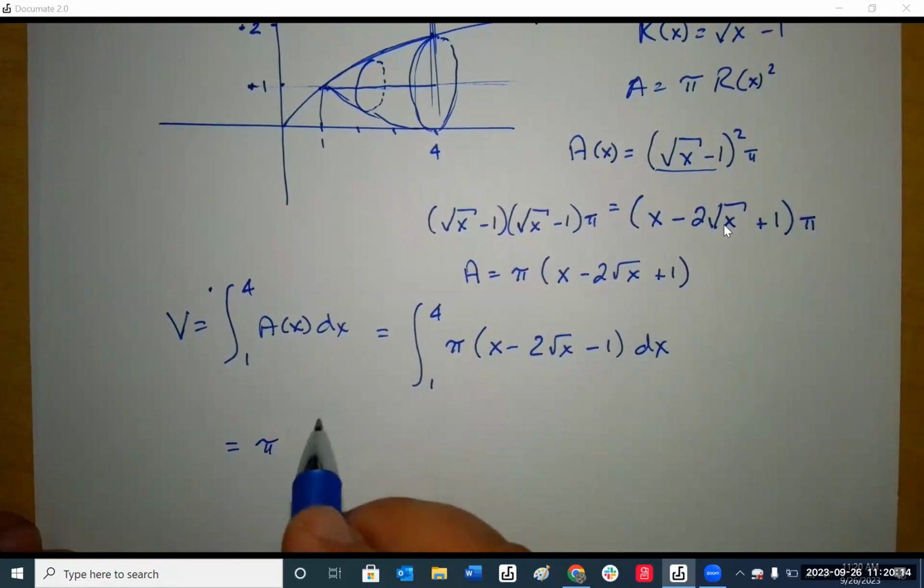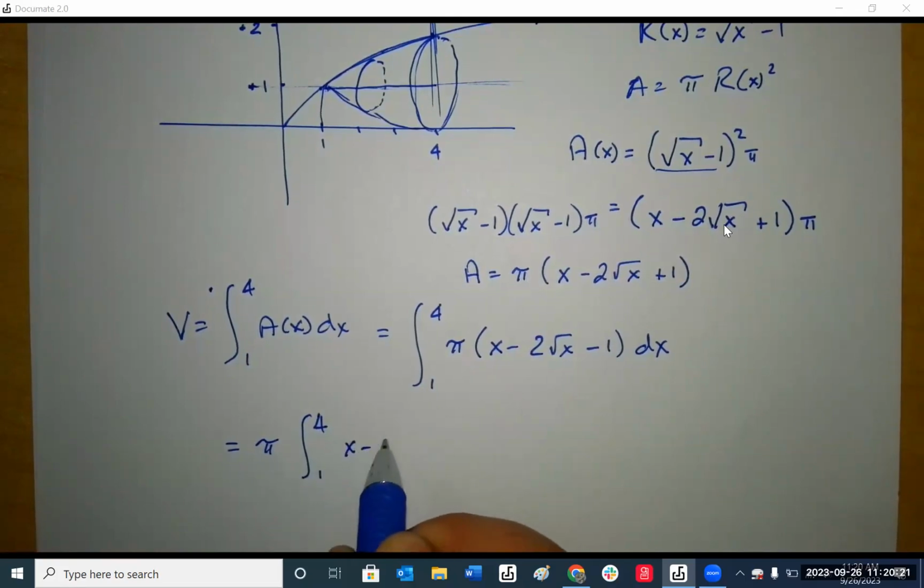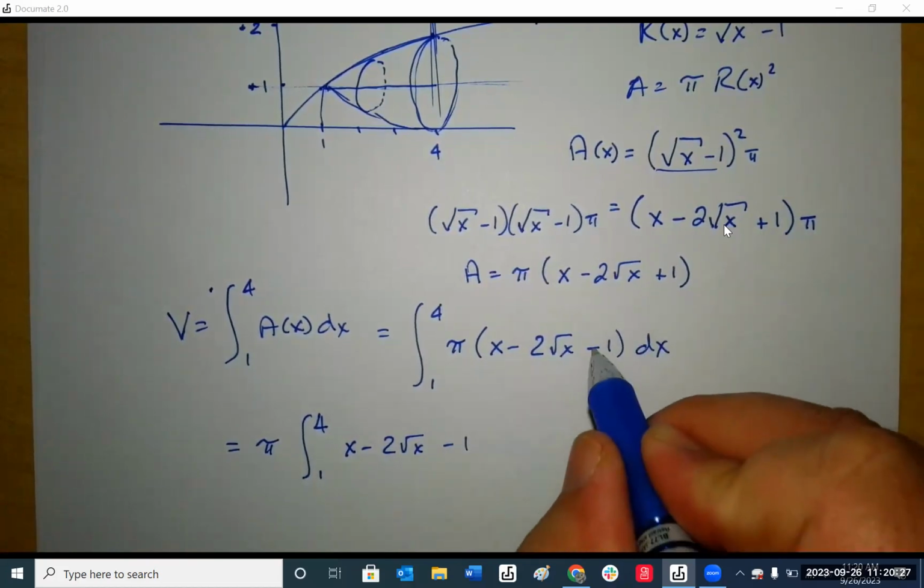The pi can go out in front since it's a constant. It's a plus 1.